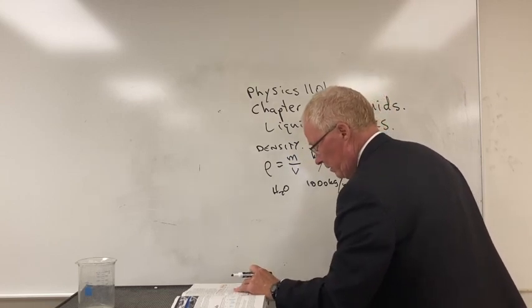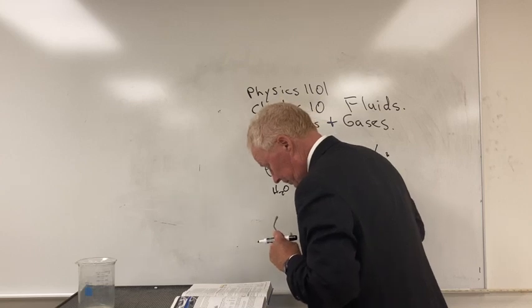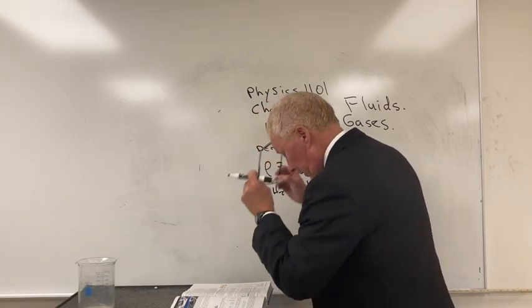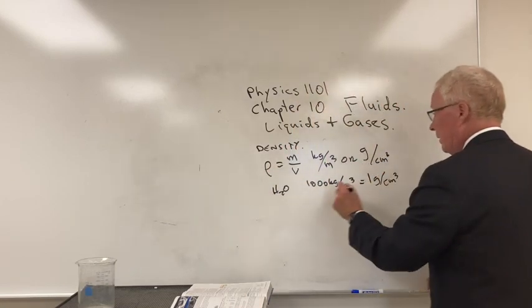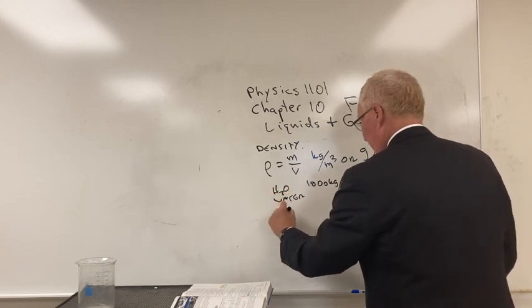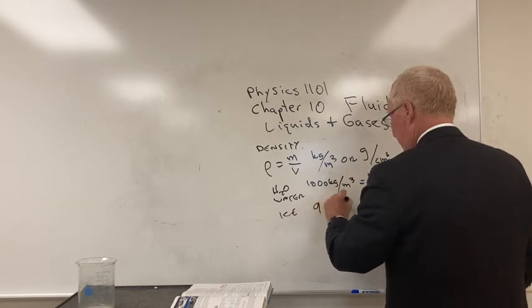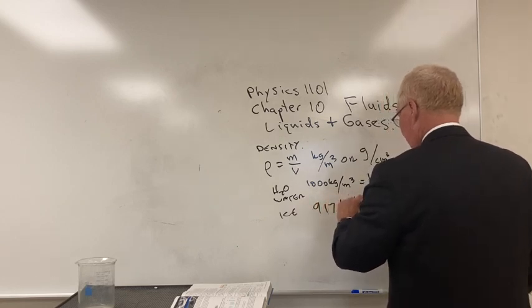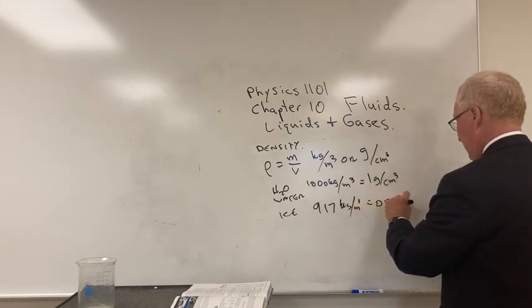While we're on this, so that's water. All right, ice. As we'll see, ice has a density of 917 kilograms per cubic meter, or 0.917.